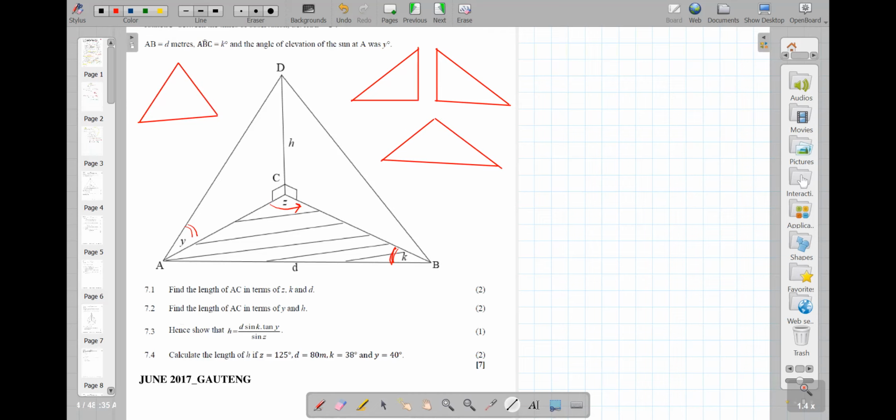So this is D, A, B. I can ignore it, but there is A, D, C. So A, D, C. What I know here is that this is 90, and this is Y. That's good. And there is D again, there is C, there is 90. What I know here is that is H, that's H as well. And that is B, so there is K, that's good. There is D, there is A, and there is C, and there is Z as well.